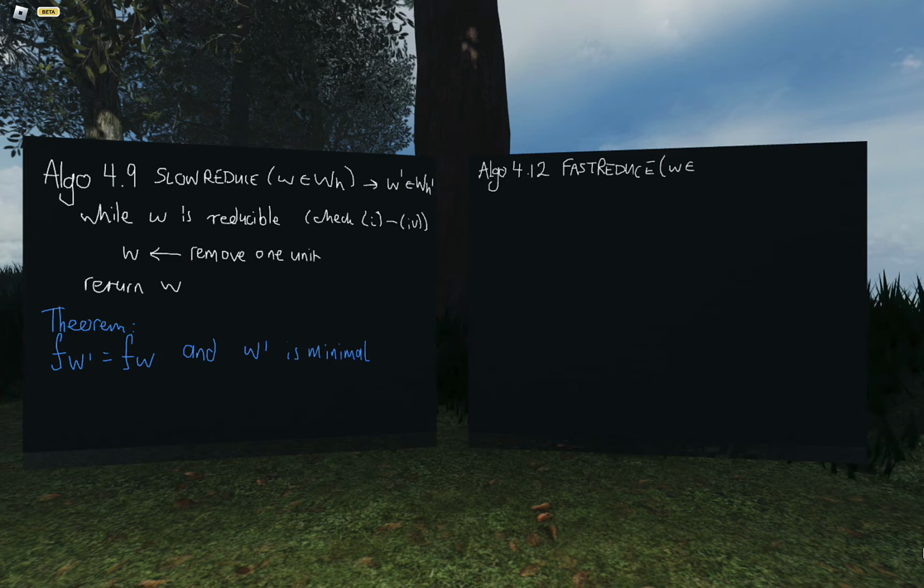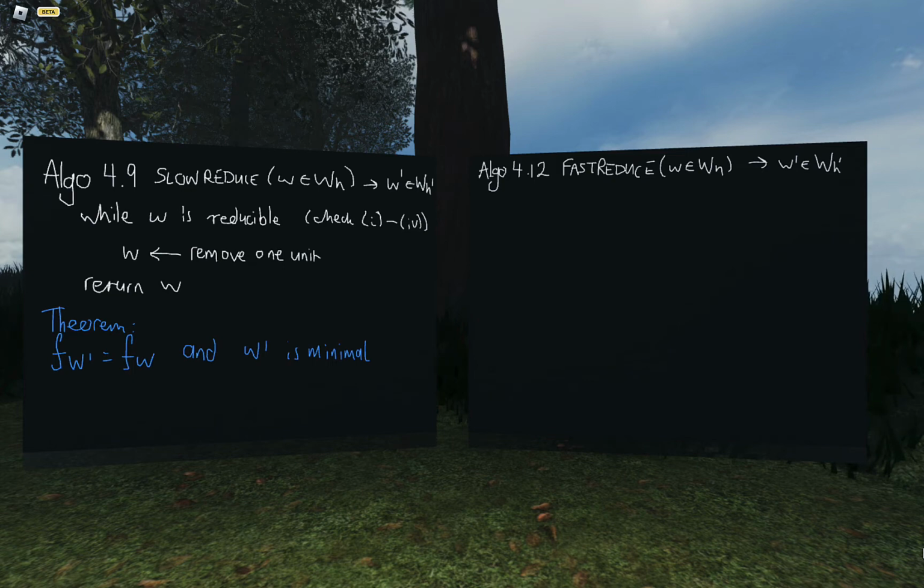It takes a parameter with h hidden units and produces an equivalent parameter with the same number of hidden units as the slow reduce algorithm will, because it's minimizing and there's only 1 unique minimal number of units required. How it does so is different.